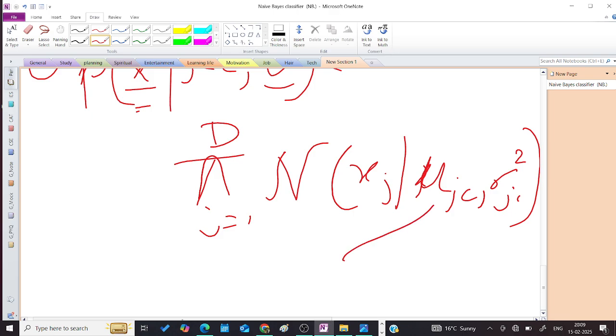What is this? This is nothing but the mean of feature j in class c. Okay, and what is this? It's the variance of feature j in class c.